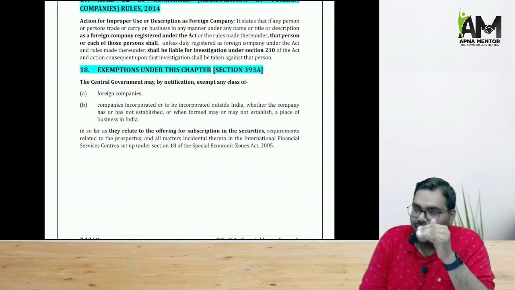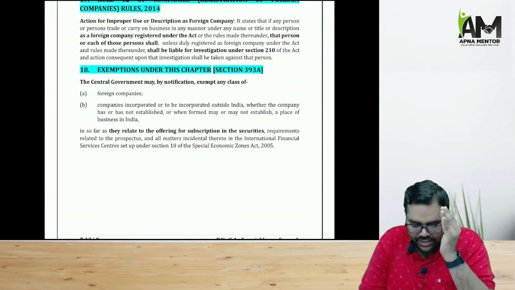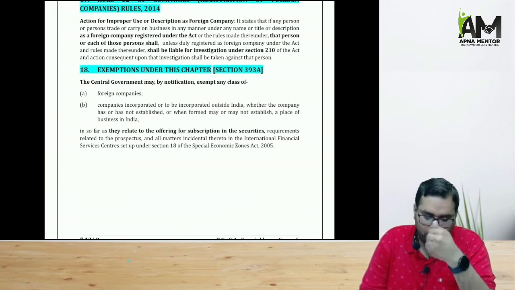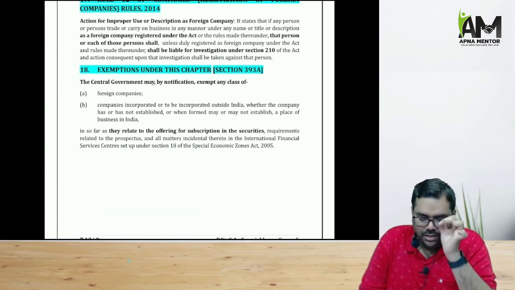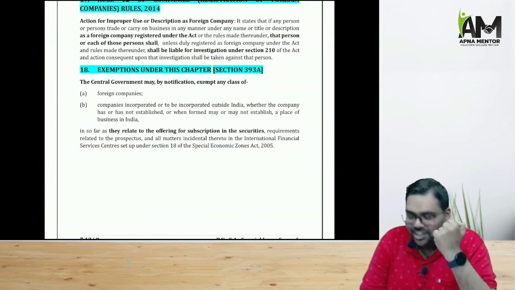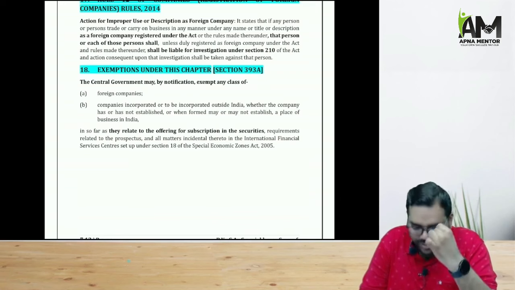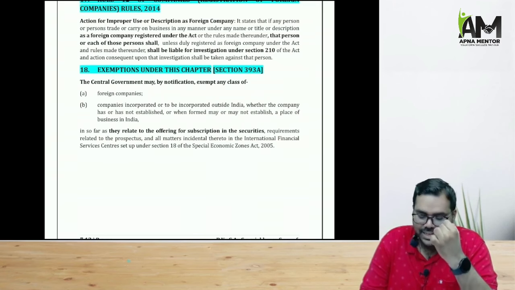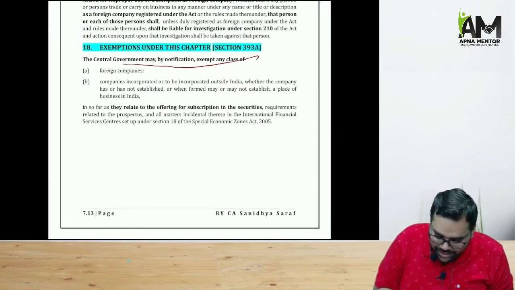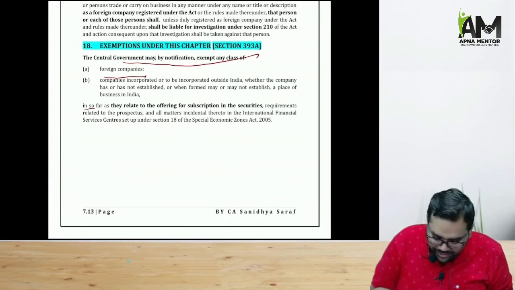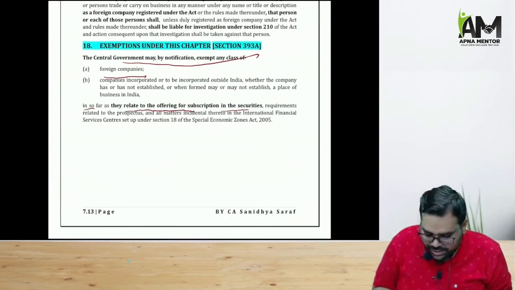The CG may by notification exempt any class of foreign companies if it relates to the offering of securities for subscription in the International Financial Service Center.